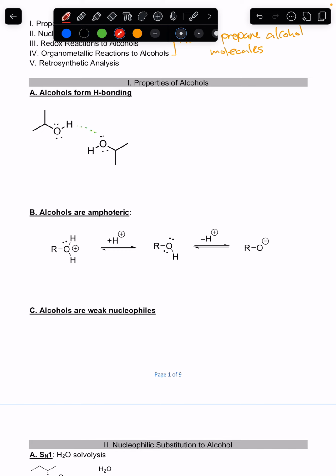The protons are attached to a very electronegative atom, oxygen, so they are partially positively charged, and there's going to be a network of hydrogen bonding. That's a unique feature of alcohol functional groups.